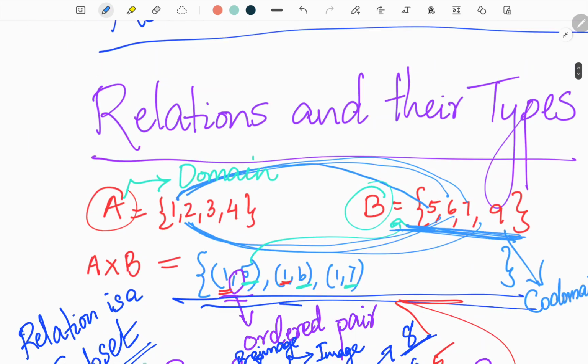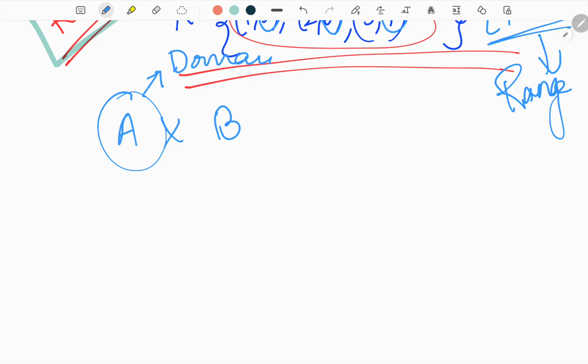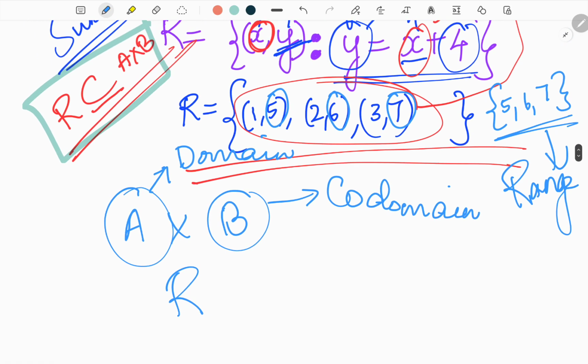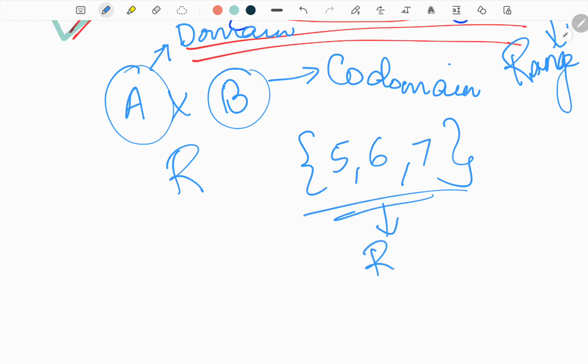So always remember, if you have a relation between two sets A and B, set A is the domain and set B is the codomain. And in the relation, all the images, that means all the y values, if you take those elements and create a set, then that set is known as the range.